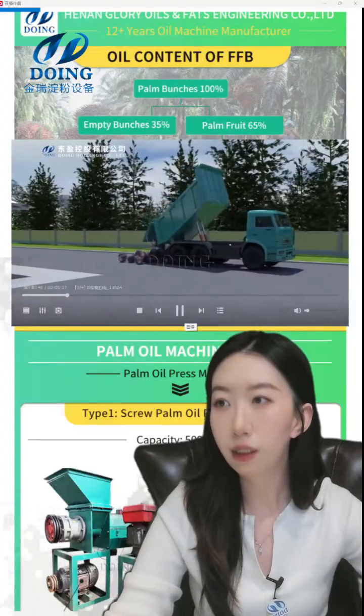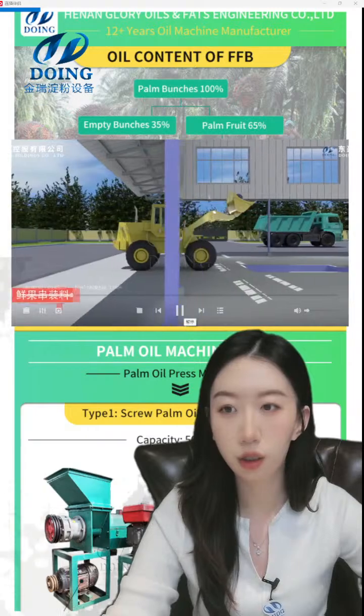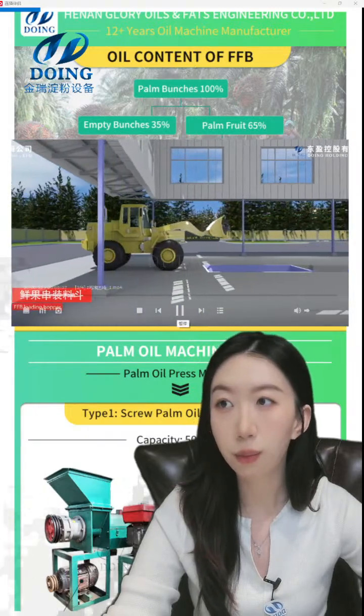Okay, now let's use this 3D video to see the 5 tons per hour palm oil production line.